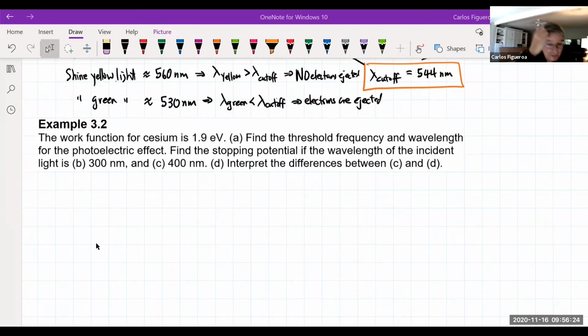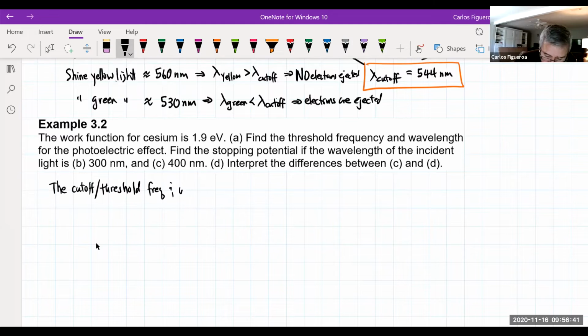So the first thing that I would do here is that we're talking about what? The cutoff slash threshold frequency and wavelength is when K is equal to 0.